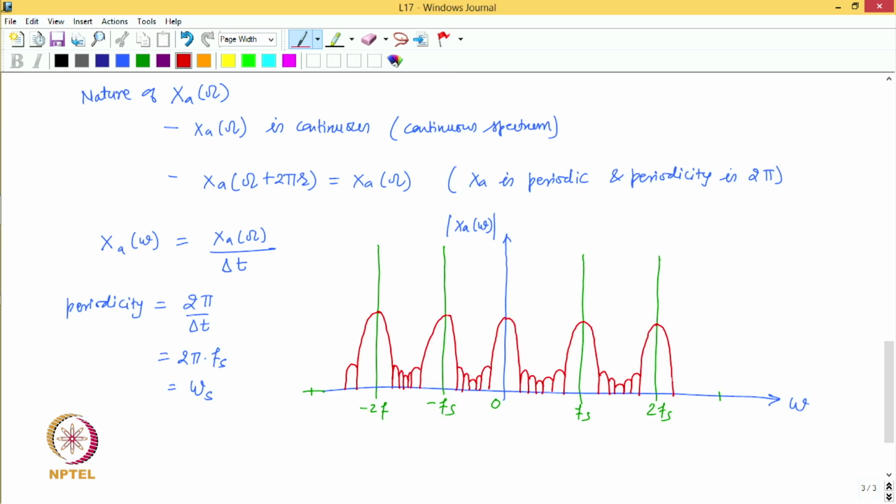So we see that this part of the spectrum from 0 to Fs repeats, and we can also say that if this is minus Fs by 2 and this is plus Fs by 2, we can look upon minus Fs by 2 to plus Fs by 2 as the spectrum which is repeating on either side.